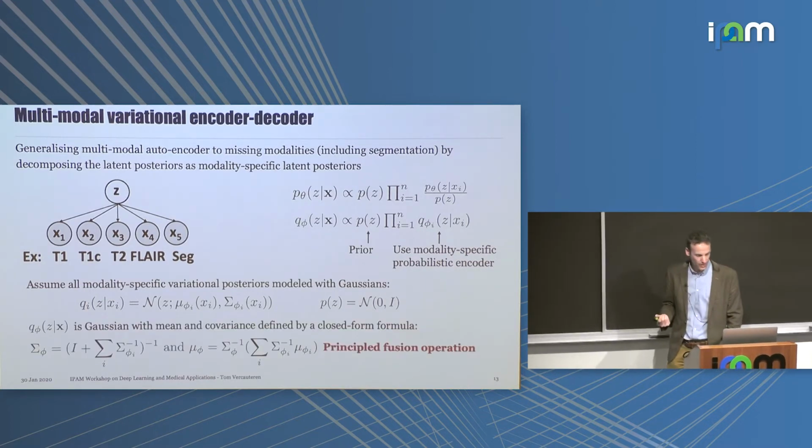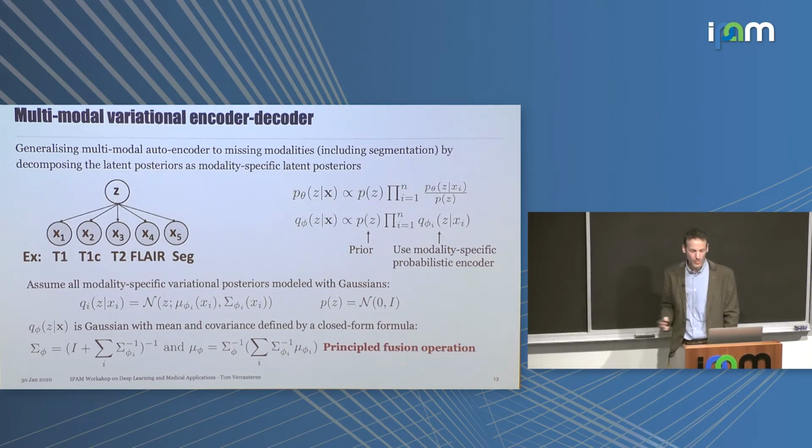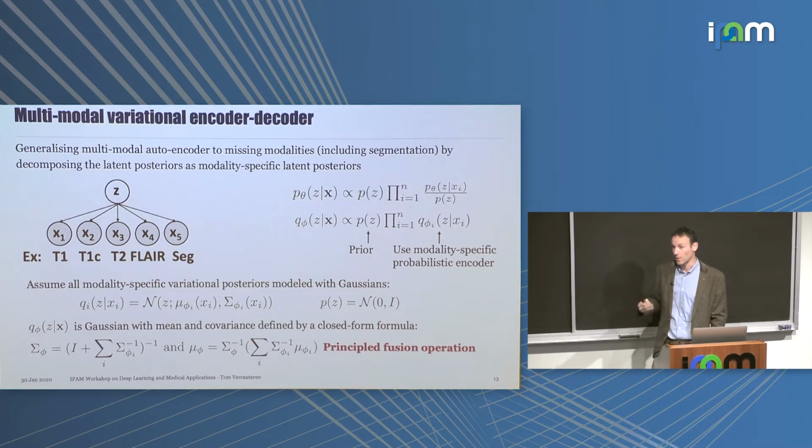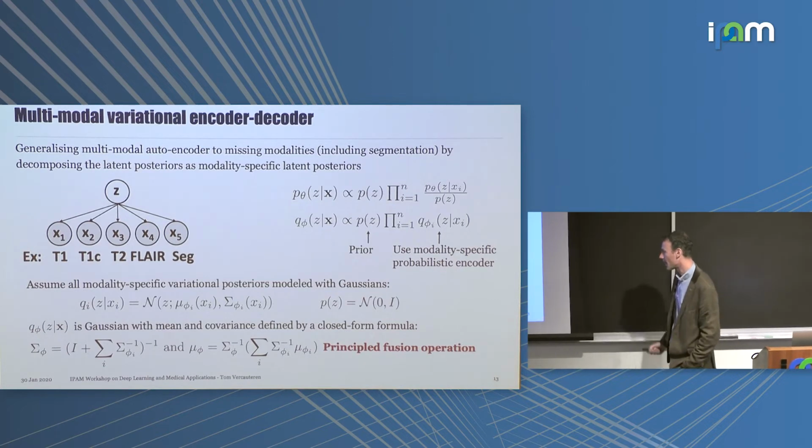We can show that the overall distribution Q, the product of these, remains Gaussian, and we have a closed form formula that tells us what the overall mean and the standard deviation are. So we have this principled fusion here.